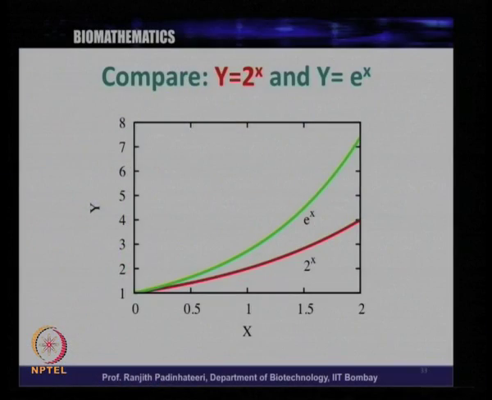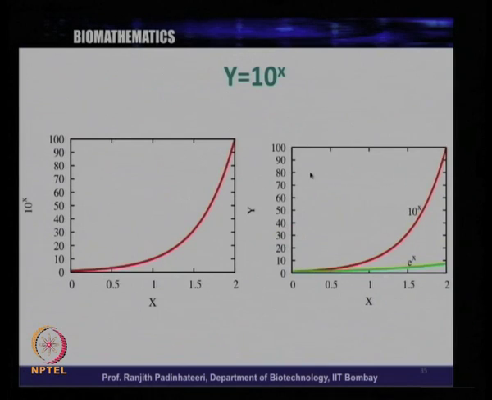You can think of some other function, y equal to 10 power x. You could have any number, 3 power x, 4 power x, 5 power x. They all look like increasing functions, and you see here 10 power x is this red curve, and compared with e power x, it grows much faster.